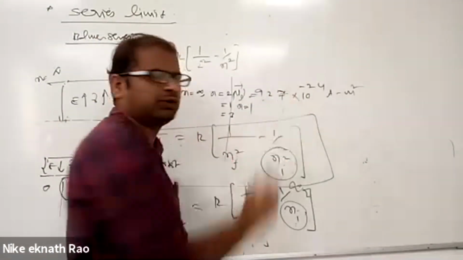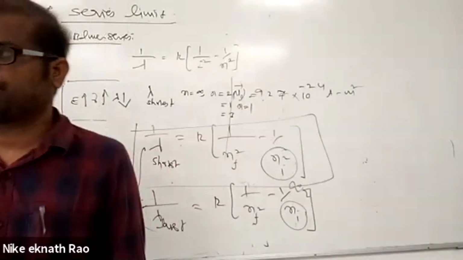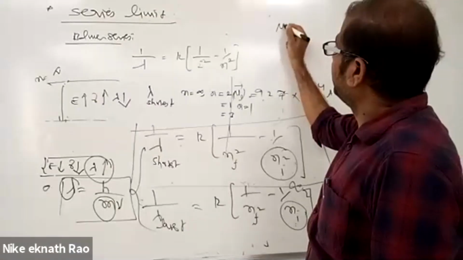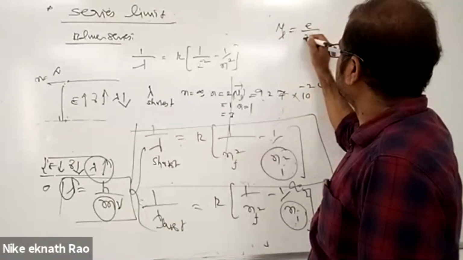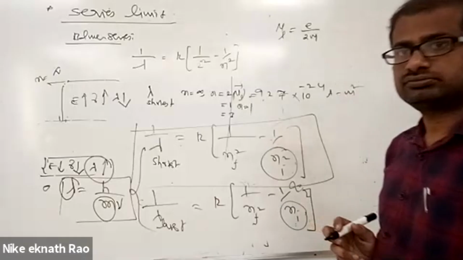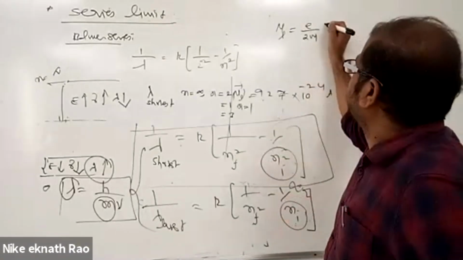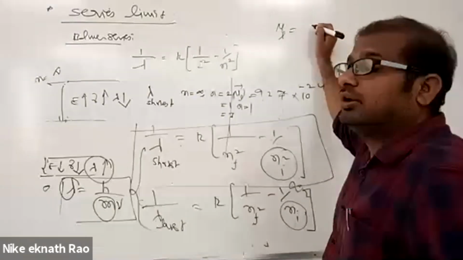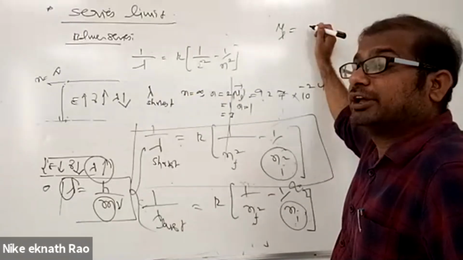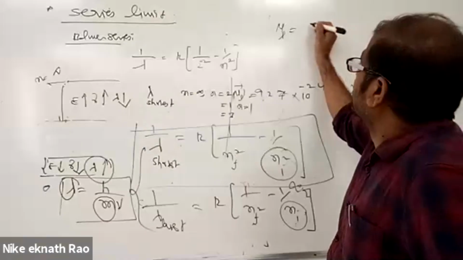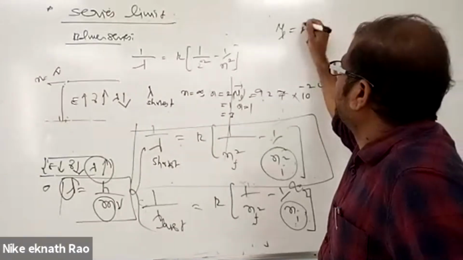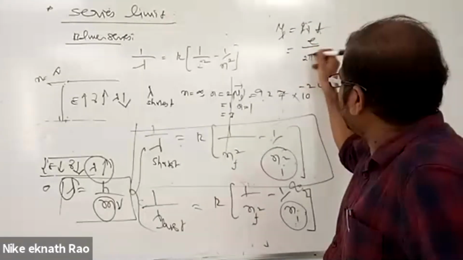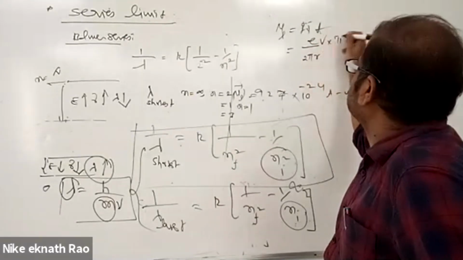How much is this by 2m? We have seen the dipole moment. I is Q by T, so Q means e, and T is 2 pi r by v, and the area is pi r square.